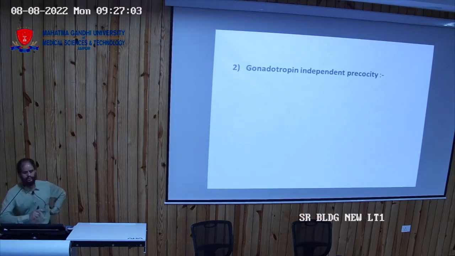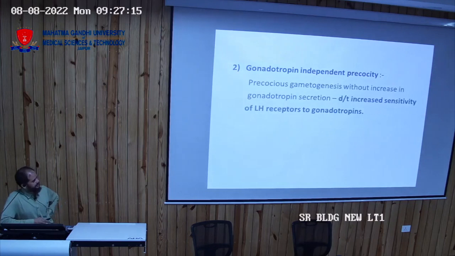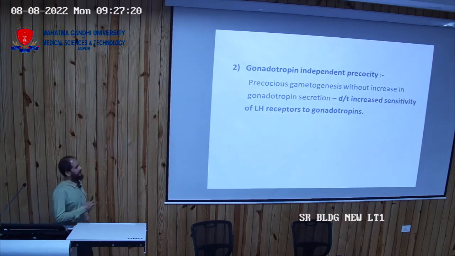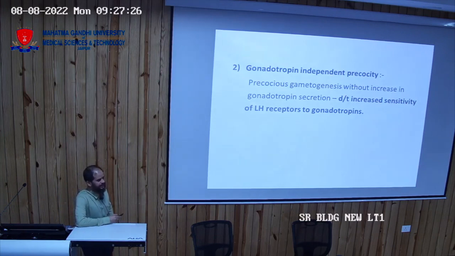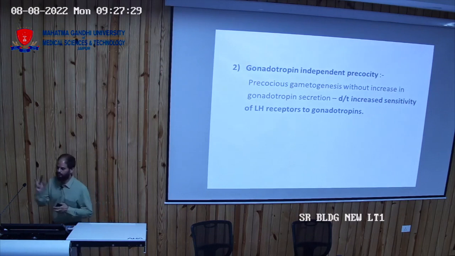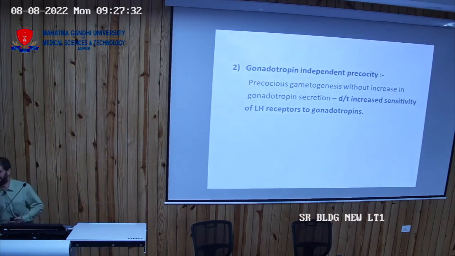What is in this? Gonadotrophin is released in adequate amount, but it is insensitive. It is due to increased sensitivity of LH receptors. What happens is that the sensitivity to the released gonadotrophin increases. Normally it is there, but its sensitivity increases. So due to the increased sensitivity of the receptors to the gonadotrophin, there will be early attainment of puberty. Gonadotrophin will release more.